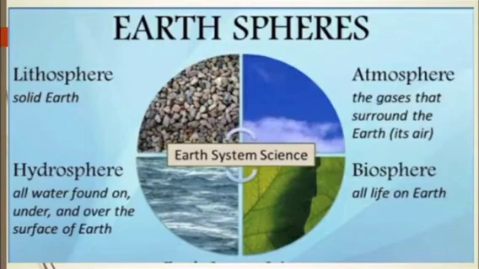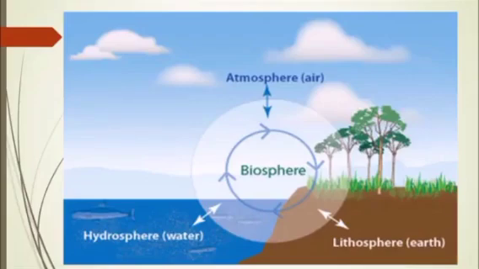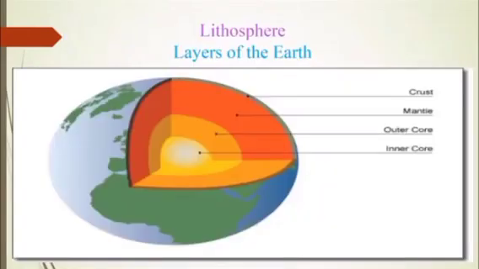Biosphere means all life on earth. So in this picture we can see lithosphere means earth, hydrosphere means water, atmosphere means air and biosphere means all life on earth. First we are going to learn about lithosphere.